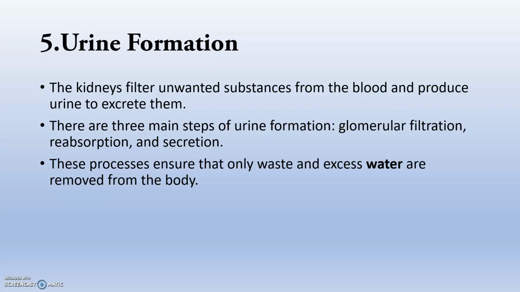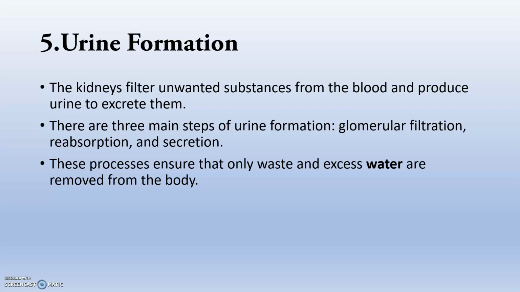Next is urine formation. Yes, this is actually one of the main functions of the kidney. The kidneys will be filtering unwanted substances and taking them to the urine to excrete them. There are 3 main steps of urine formation, that is glomerular filtration, reabsorption and secretion.